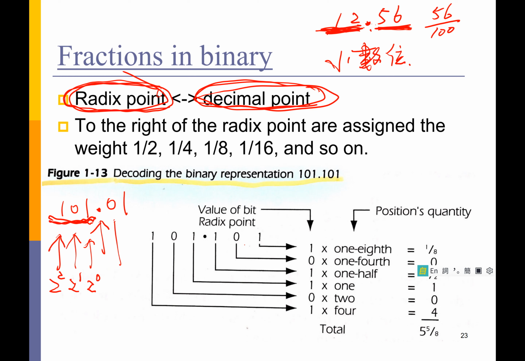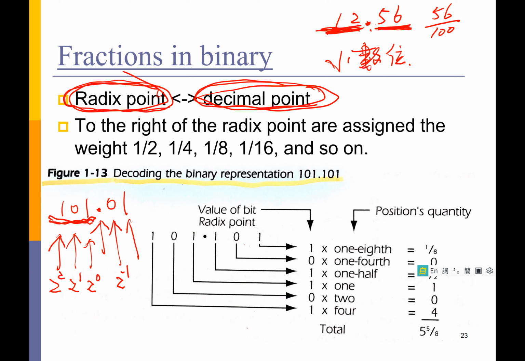How about this guy? The first digit on the right of the radical point, what is its weight? Its weight is 2 to the minus 1, which is equal to 1/2.